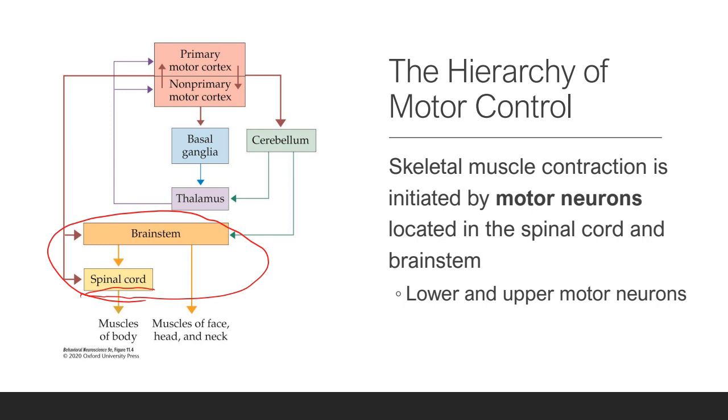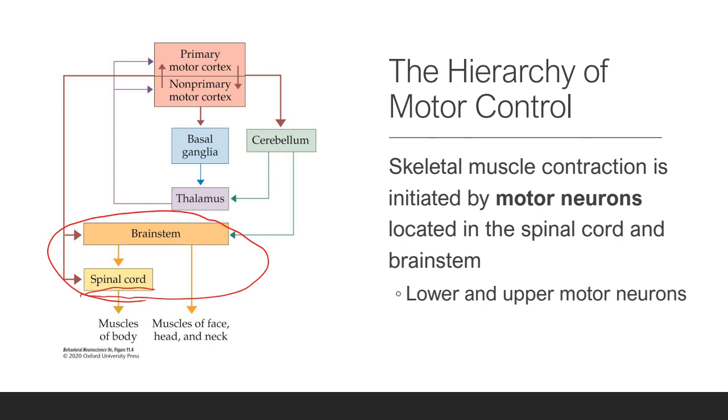Skeletal muscle contraction is initiated by motor neurons that are located in the spinal cord and the brainstem. So skeletal muscle contraction is initiated by lower motor neurons, which are located in the spinal cord and brainstem.